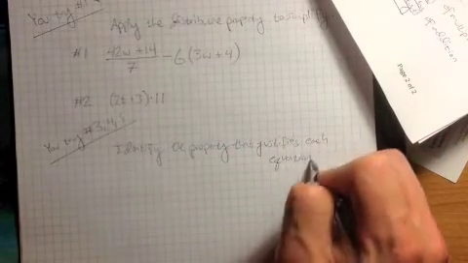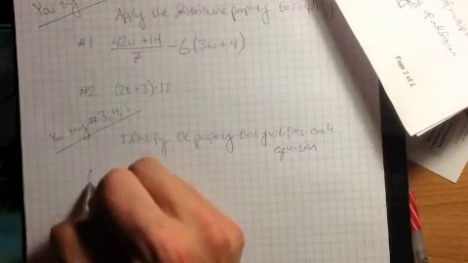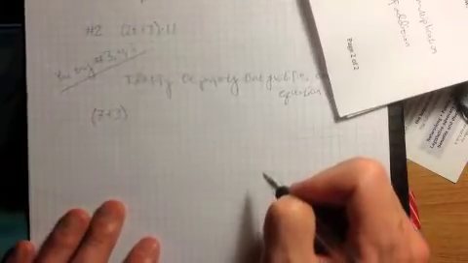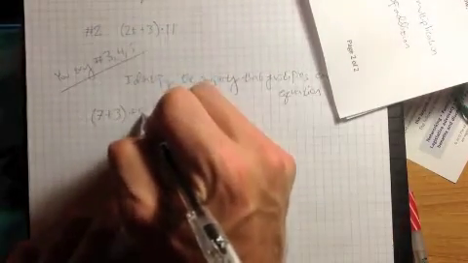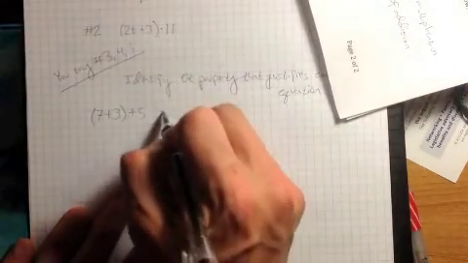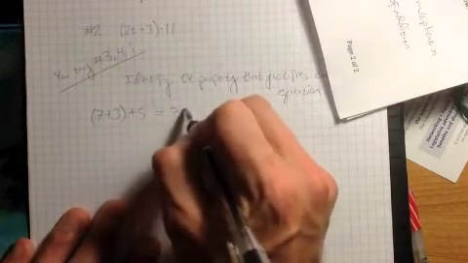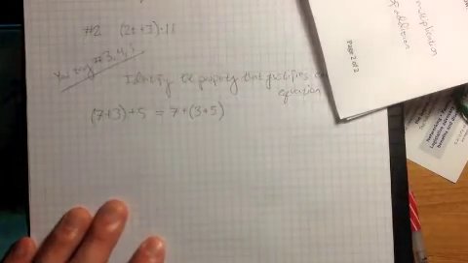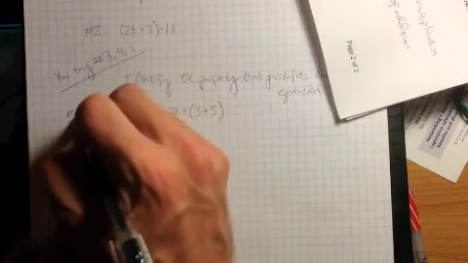I'll explain a little bit more what that means. So, in parentheses, 7 plus 3, plus 5. Why, what property allows us to say that this is equal to 7 plus, in parentheses, 3 plus 5? Tell me that. This is number 3.